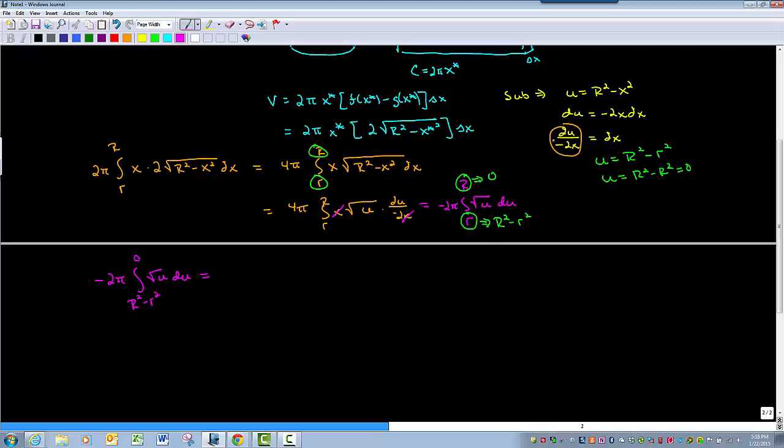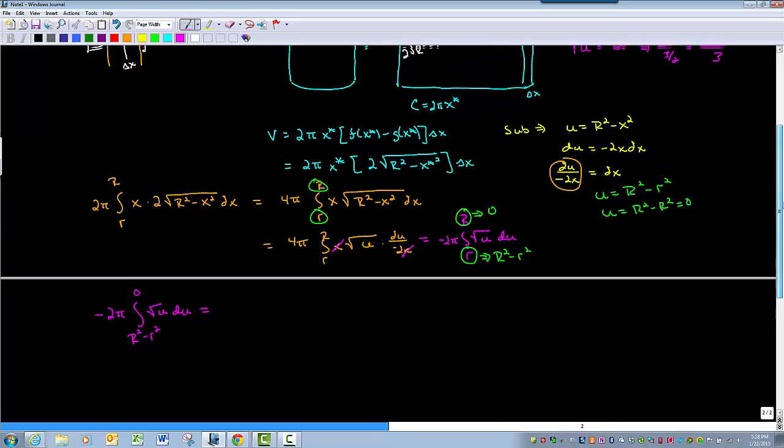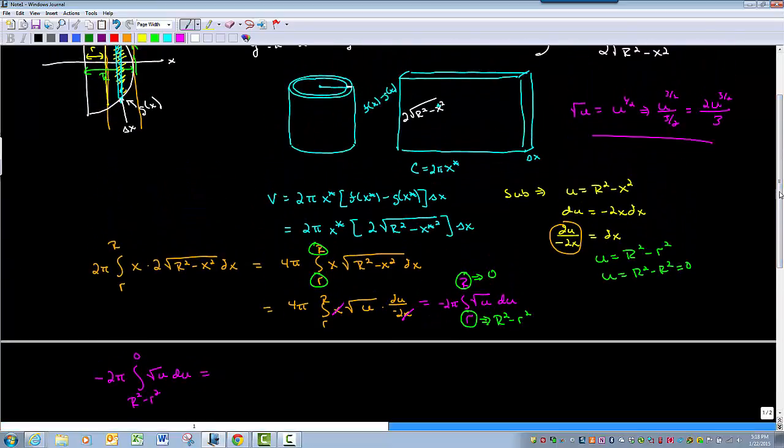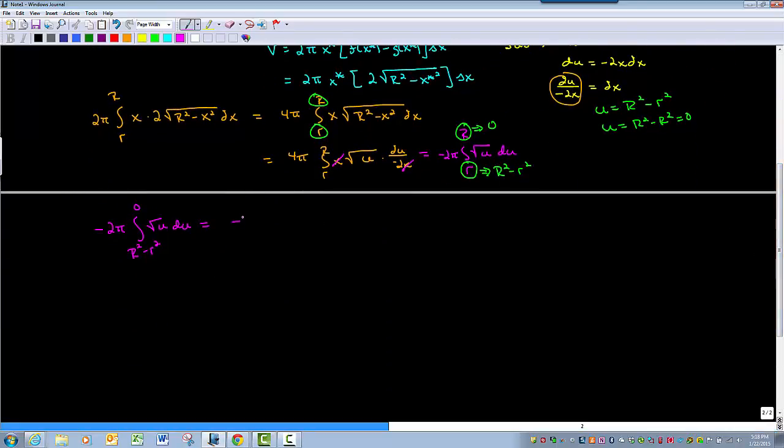And we know, because I did the work up here for the antiderivative, that this is negative 2 pi times 2u to the 3/2 over 3 evaluated between big R squared minus little r squared, and 0. So we plug in 0 first.